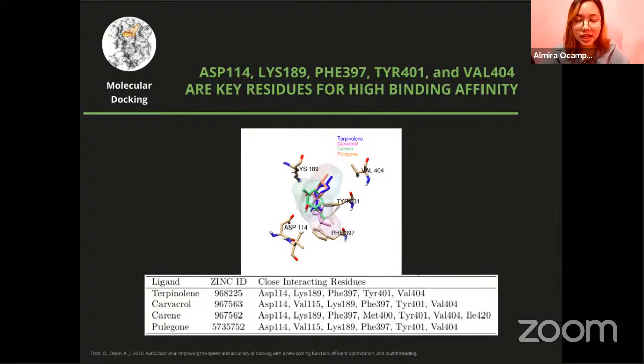So these protein residues are mostly hydrophobic. So additionally, the aromatic residue of tyrosine 410 is crucial in the binding of the four top hits. It was also inferred that carvacrol has a distinct hydrogen bonding interaction with aspartate 114, which is a residue. Okay, next slide, please.